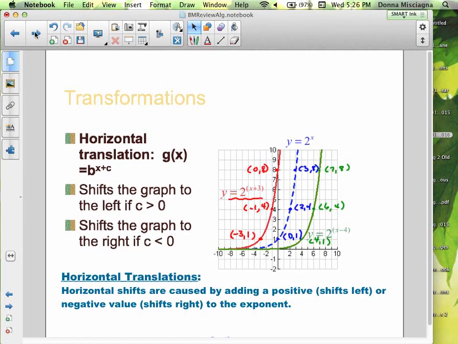We even did it with linear functions. Whenever we add something to the x, it moves our function right and left. Add to the x, move right and left. Just remember that. Because x is horizontal, the x-axis goes right to left. So if you add to x, it's going to move it right and left.